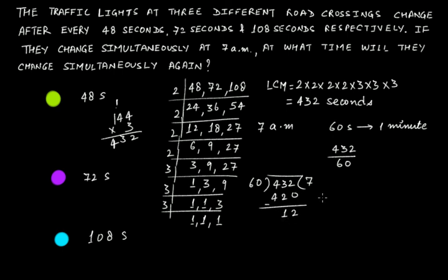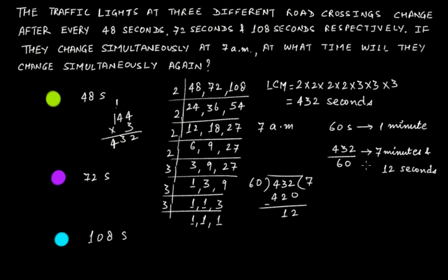So what it's giving you is 7 minutes and 12 seconds, because 12 is the remainder. So this will come as 7 minutes and 12 seconds.